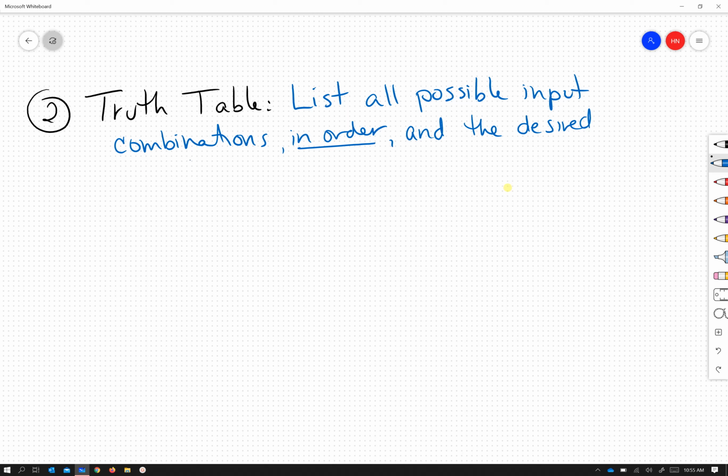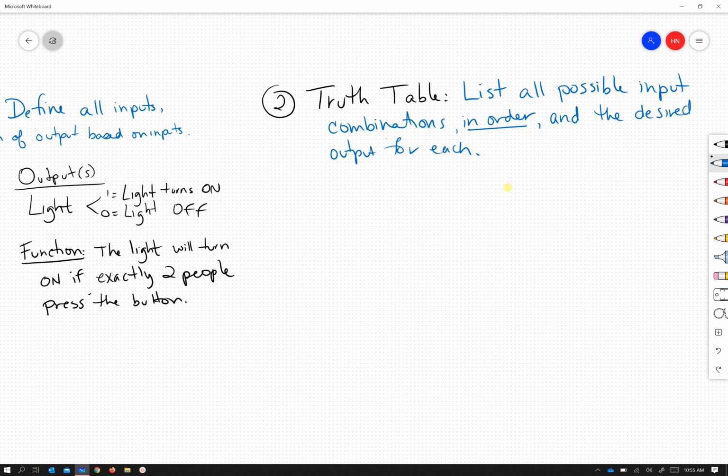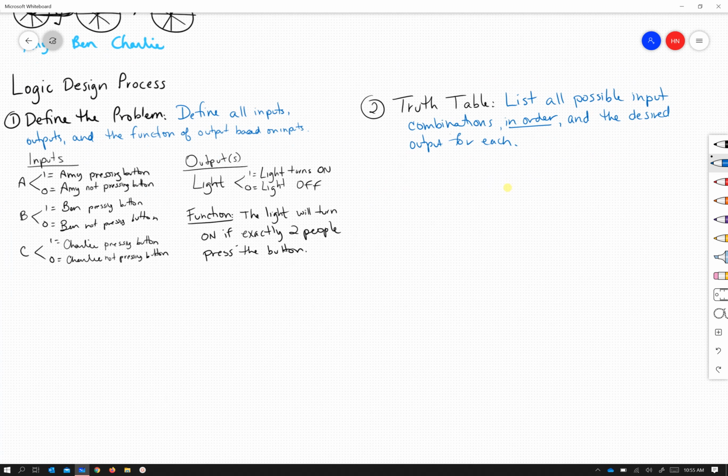That's supposed to be one word. Output for each. All right, so based on that, let's put both steps together for now. So based on that, we're going to build a list of all the possible inputs.